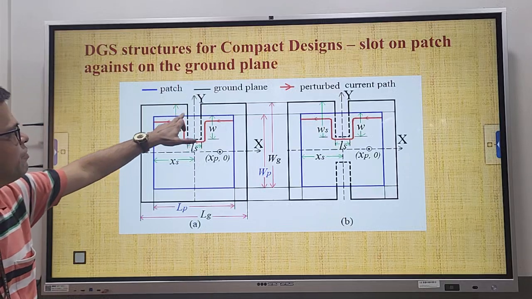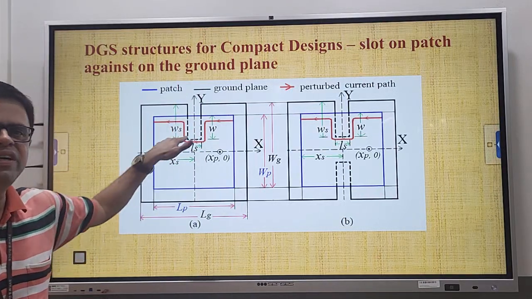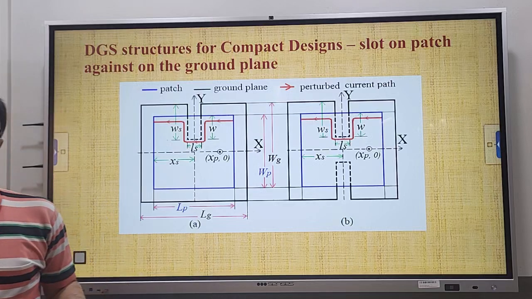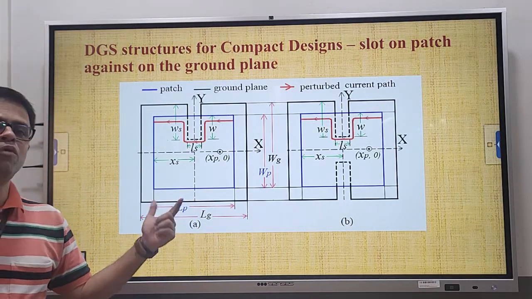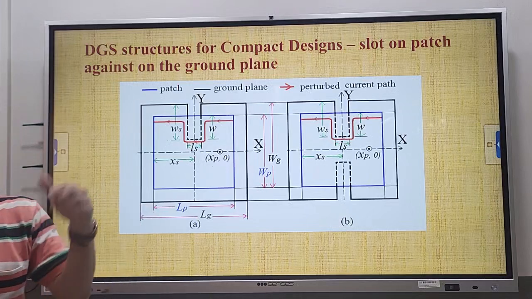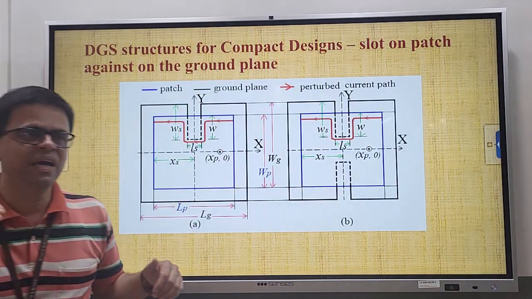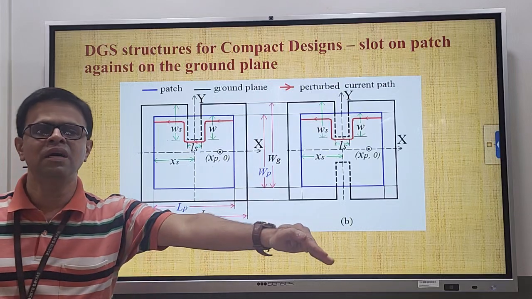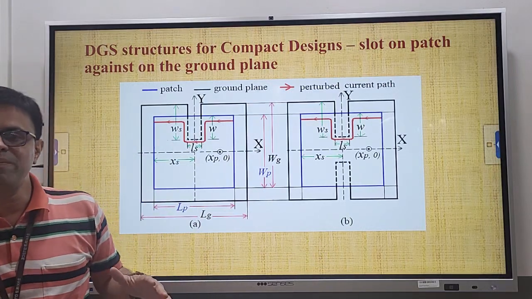So if I create a defect, like this defect created on the ground plane, through the fringing field that defect is linked onto the patch, and those defects create a perturbation in the modal currents on the patch. Thus, any compact technique of slot which is realized for the patch, the same compact technique can be realized for the ground plane also.